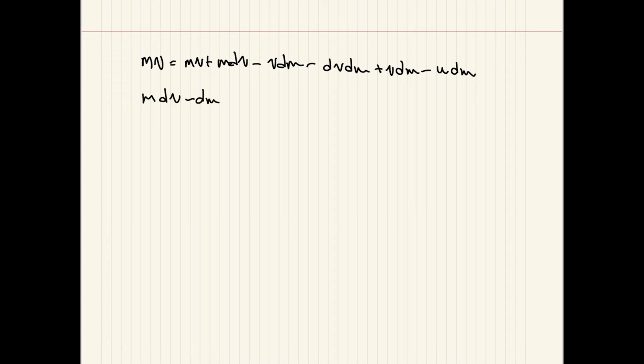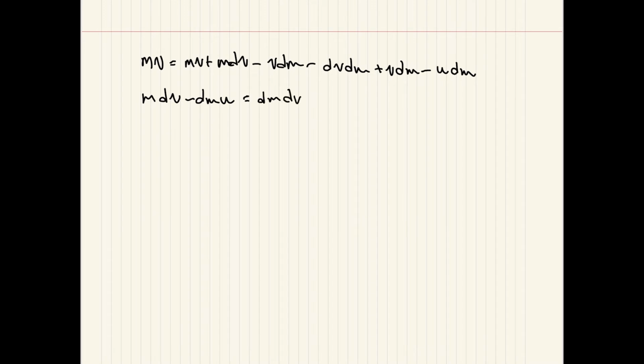Once it's expanded, it looks like mv equals mv plus m dv minus v dm minus dv dm plus v dm minus u dm.